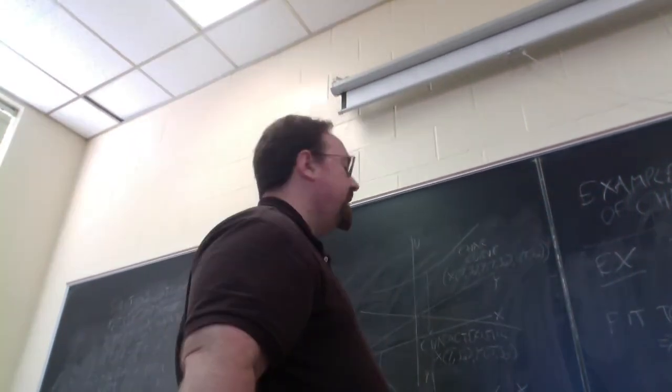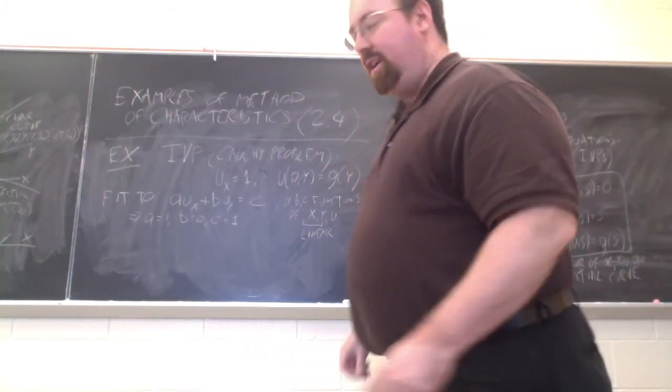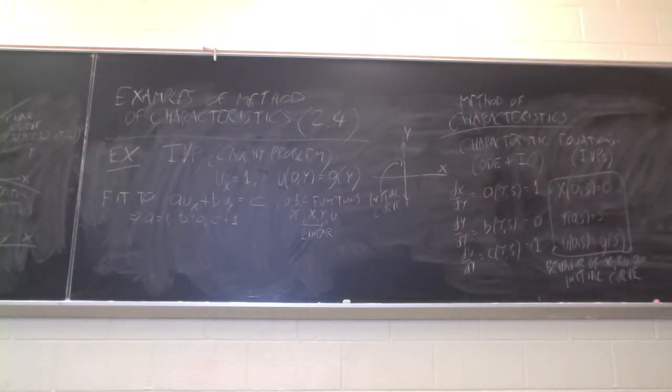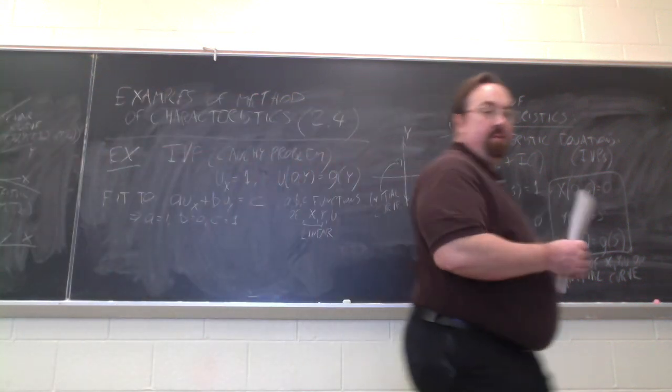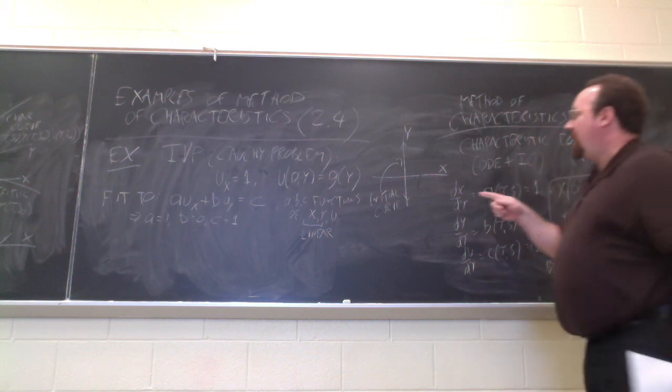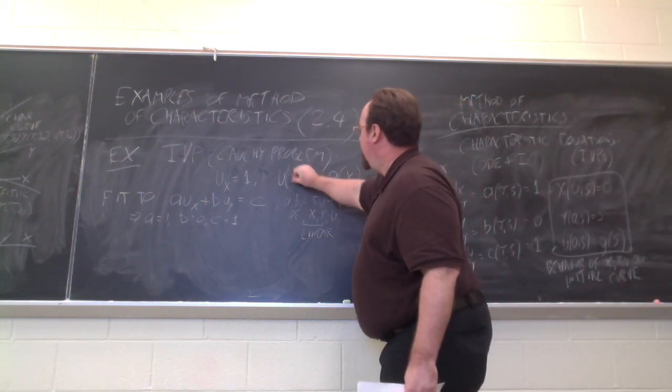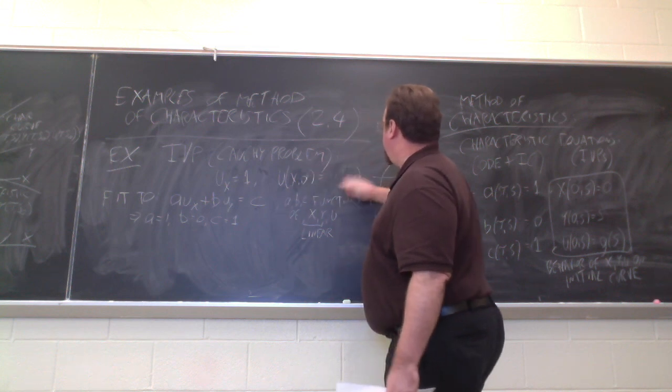All right. So now what I'm going to do is revisit this PDE. Don't worry, nothing was lost. I'm just going to show what could go wrong. I'm going to change the initial condition. So now instead of u of 0, y equals g of y, let's change it to u of x, 0 is h of x.